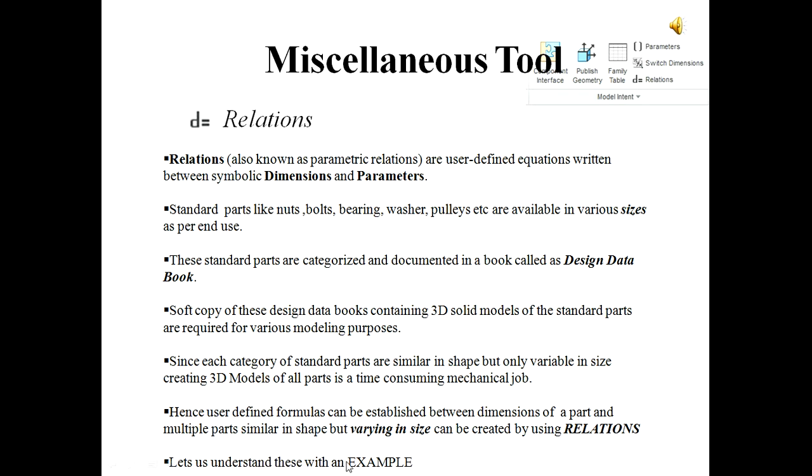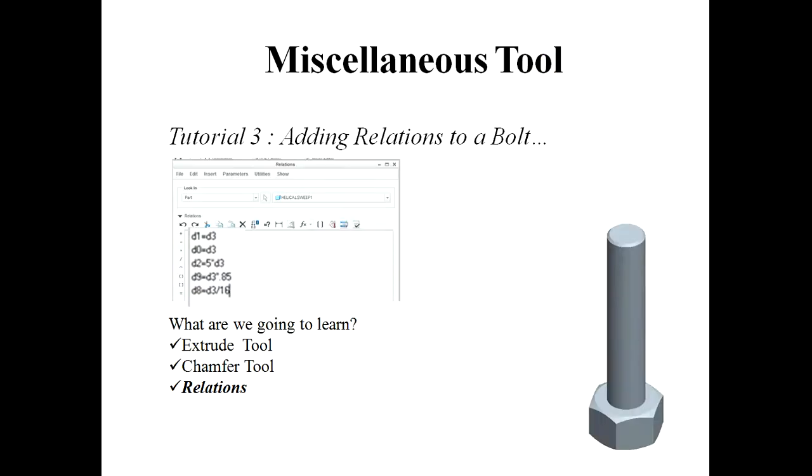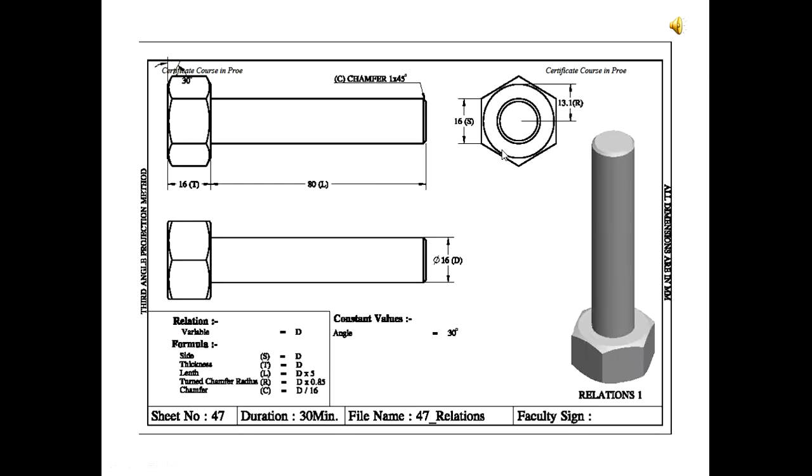Let's understand this with an example. The drawing shows the solid model of a bolt, which is a very commonly used standard part. As we all know, bolts are required in various sizes as per their end applications.